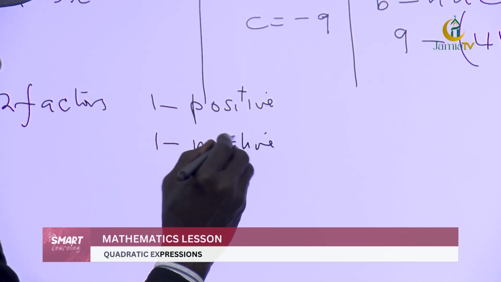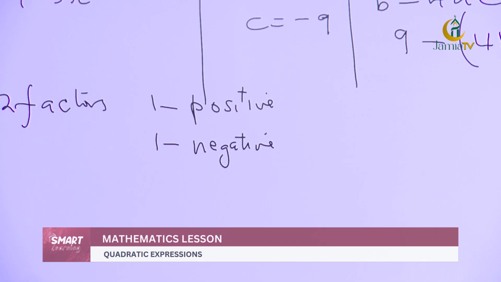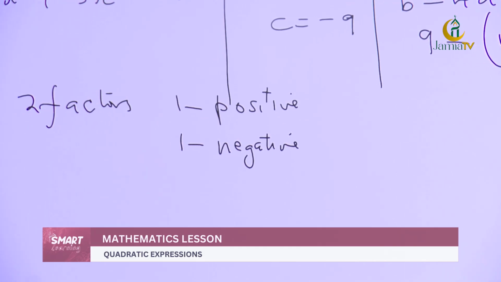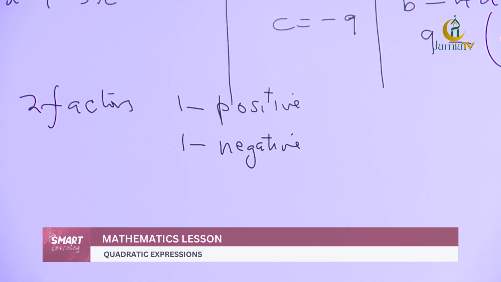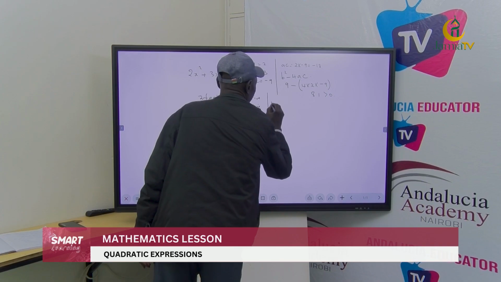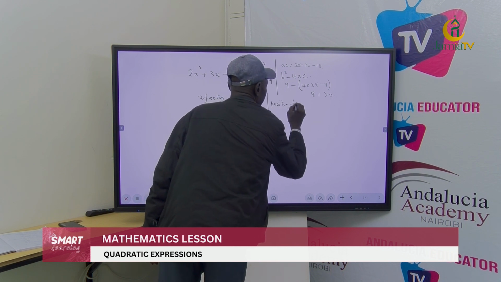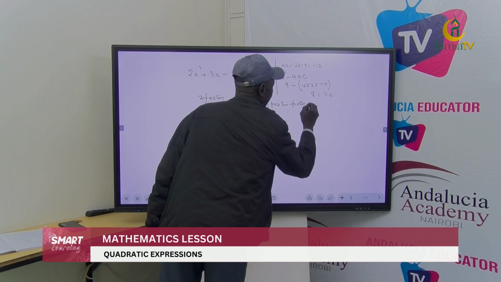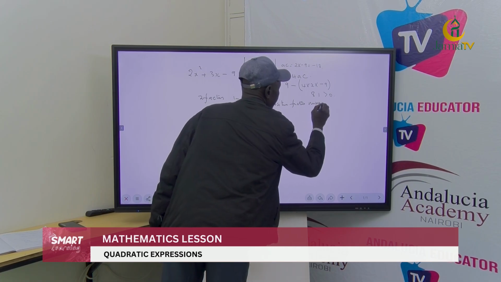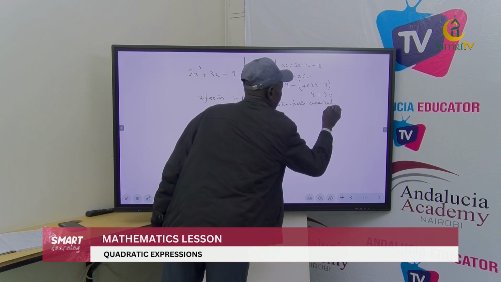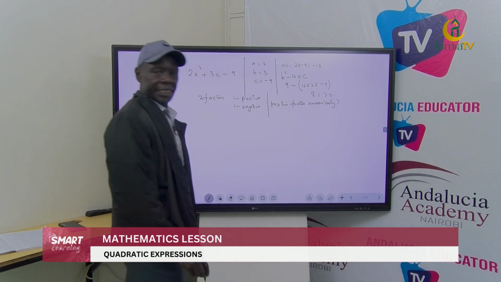But because B is positive, the positive factor will be numerically bigger than the negative factor, so the positive factor will be numerically greater than the negative one.